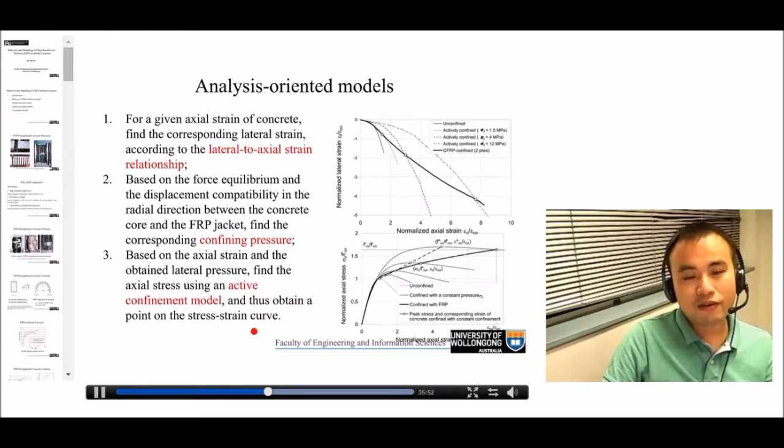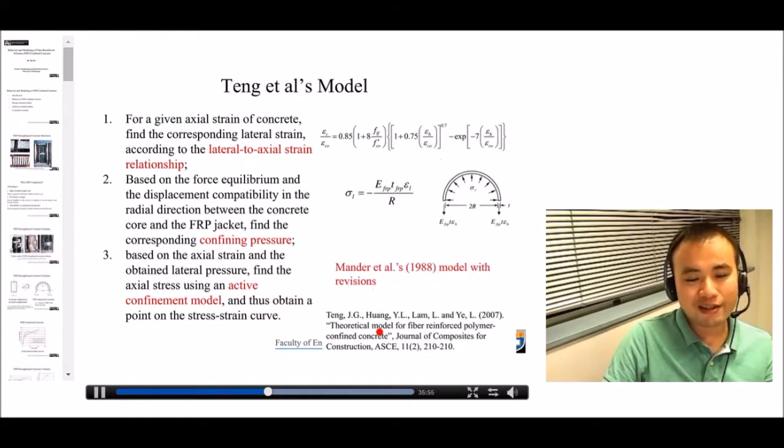So just now we covered the general procedure for most analysis-oriented models, and in particular for the model proposed by Teng Yu in 2007, what they use is this equation for the lateral to axial strain relationship. But we said this equation not only works for actively confined concrete, but also works for FRP-confined concrete. And for the second step, they use this force equilibrium to find the relationship between the hoop strain in the FRP and the confining pressure.